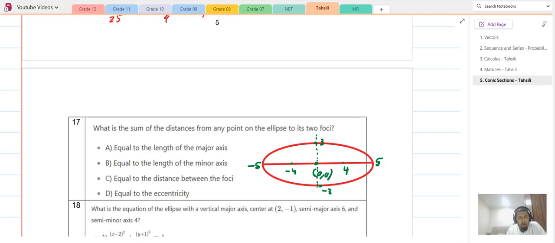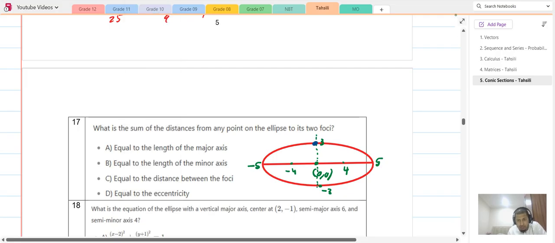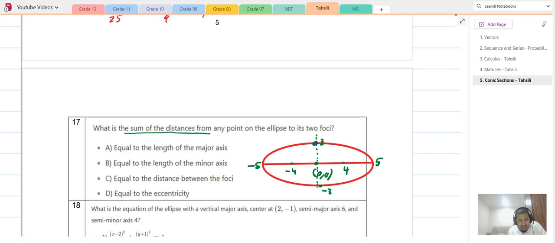If I take any point on the ellipse, I'm just taking a point here above. Let's change the color here. So if you take any point on the ellipse, what is the sum of the distances from that point to its two foci?